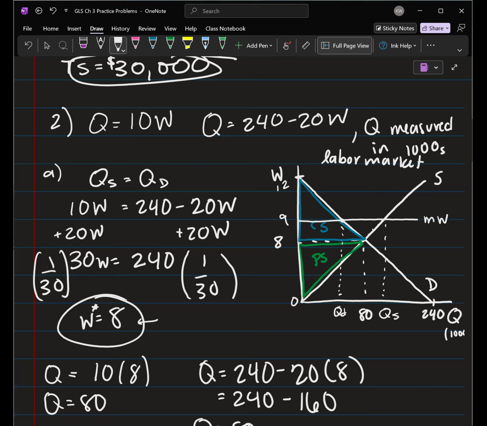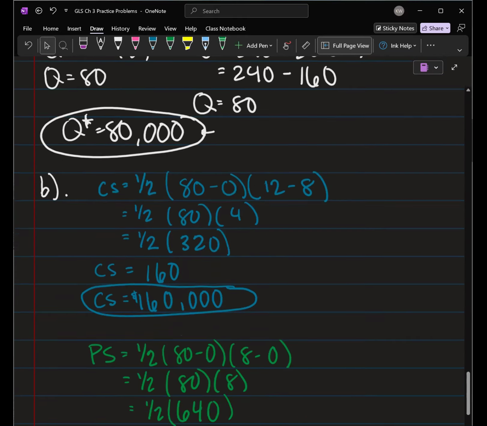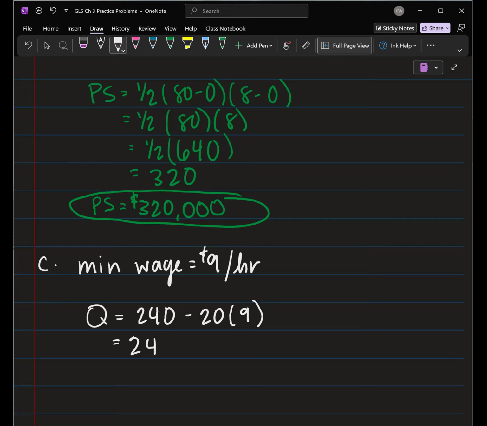So part C asks us to find the value of quantity demanded and quantity supplied at the new minimum wage. What we're going to do is take the supply and demand equations in turn and substitute our new wage. Demand is given by quantity demanded equal to 240 minus 20 times the wage. For our minimum wage, that's going to be 9. So we have 240 minus 20 times 9, so that's going to be 180.